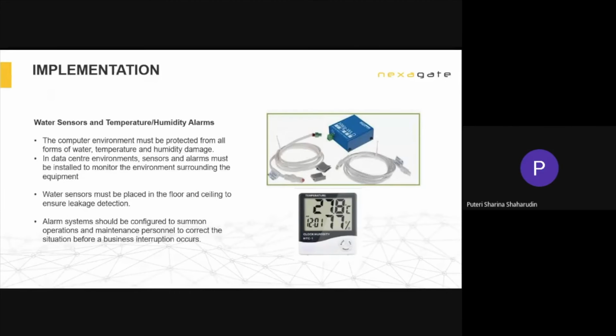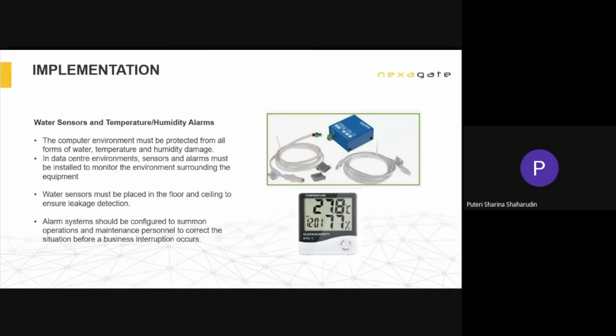The computer environment must be protected from all forms of water, temperature, and humidity damage. Locations with the potential for water damage must be avoided when selecting information processing areas. In data center environments, sensors and alarms must be installed to monitor the environment and to ensure that air and humidity remain within the levels specified by equipment design.